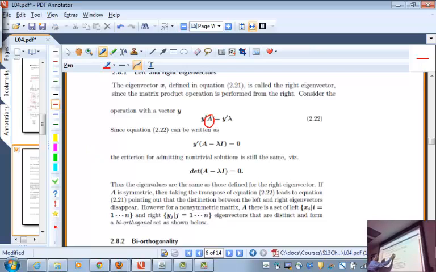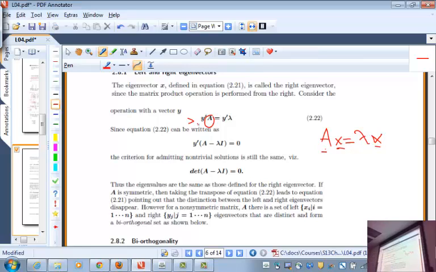What I did previously was Ax equals lambda x, multiplying A from the right hand side. If I multiply it from the left hand side, with y prime denoting a transpose, then y prime times A equals y prime lambda.